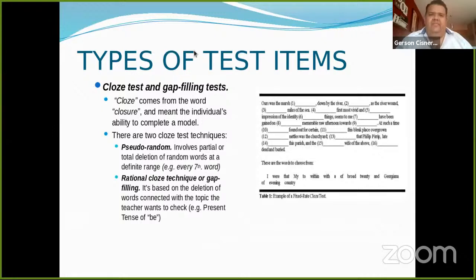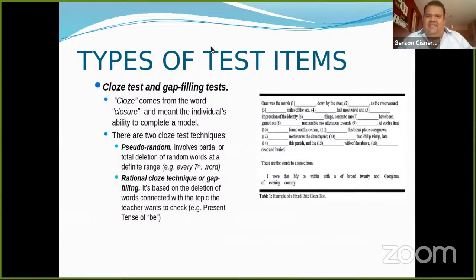Or rational is, for example, if you want to check verbs, you delete the verbs so students can fill in with verbs. If you want to check adjectives, you delete the adjectives and students fill them in, and so forth. Or by number, every fourth word, every fifth word. So it's up to you, teachers. How do you want to do it?